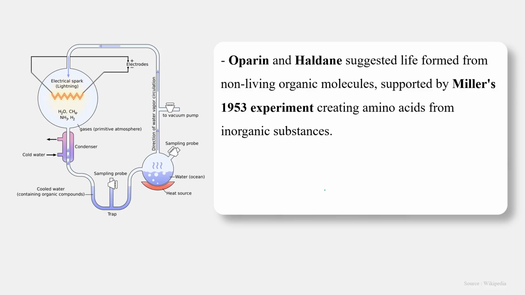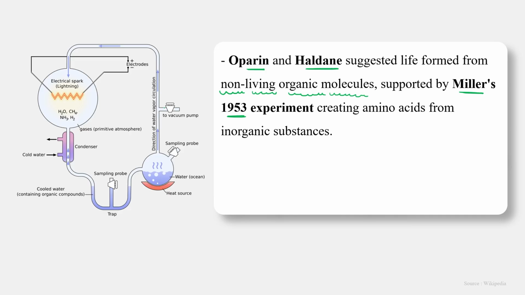Okay, later on in the 19th century, a very important experiment known as Miller's experiment was performed by Miller in 1953 on the basis of the Oparin and Haldane theory. Oparin and Haldane suggested that life formed from non-living organic molecules.